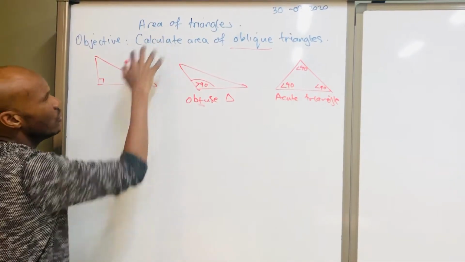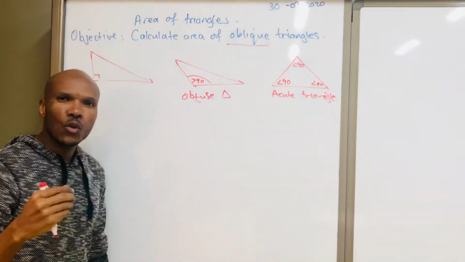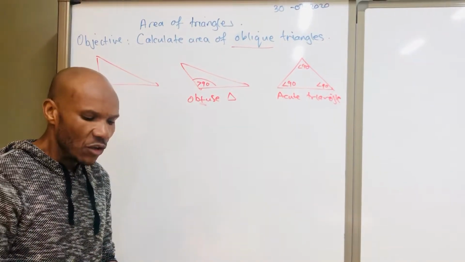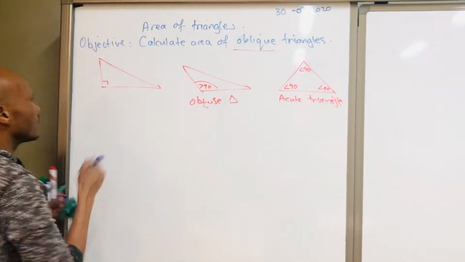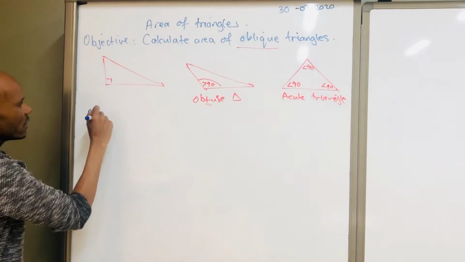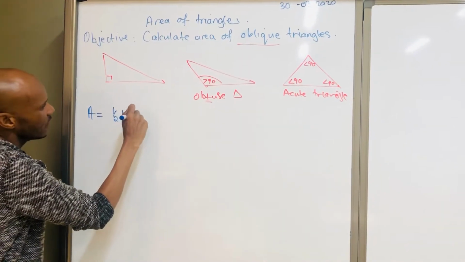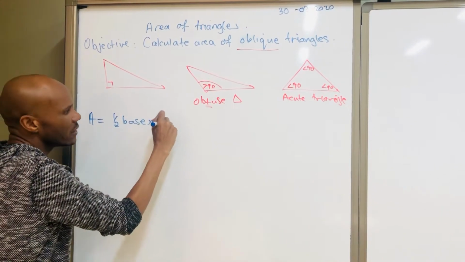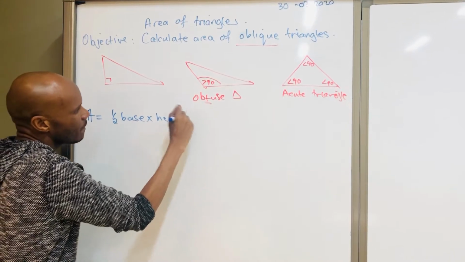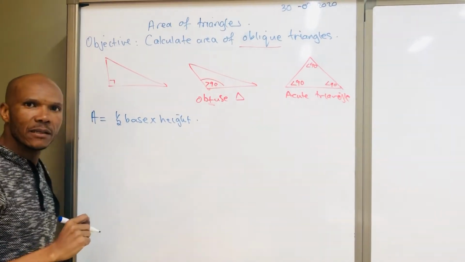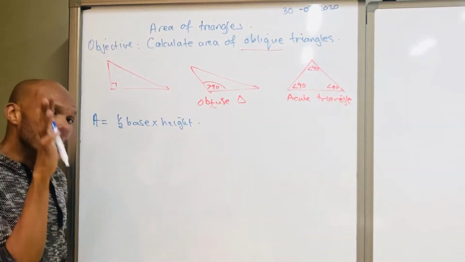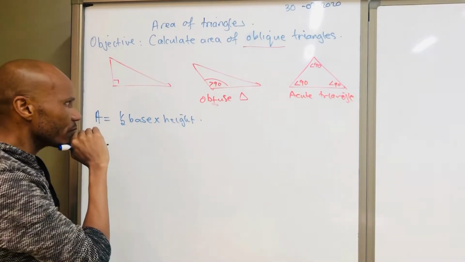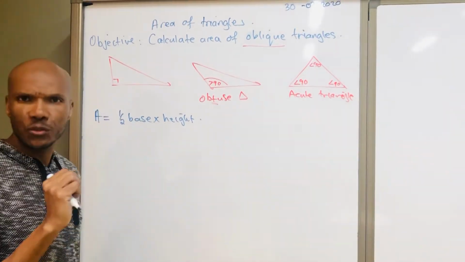Now, looking at the area of triangles, we know how to find the area of a triangle. The area of a triangle is half base multiplied by height. So I'm going to show you two methods.